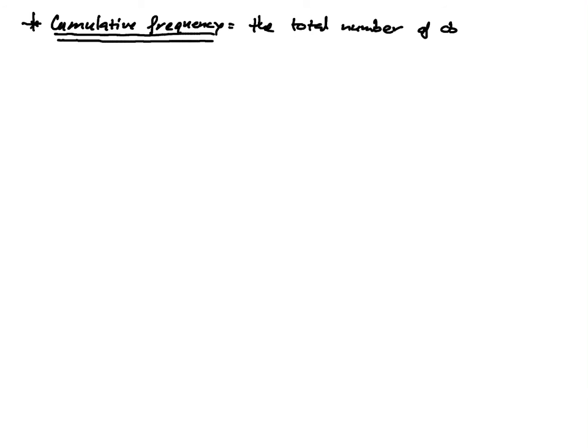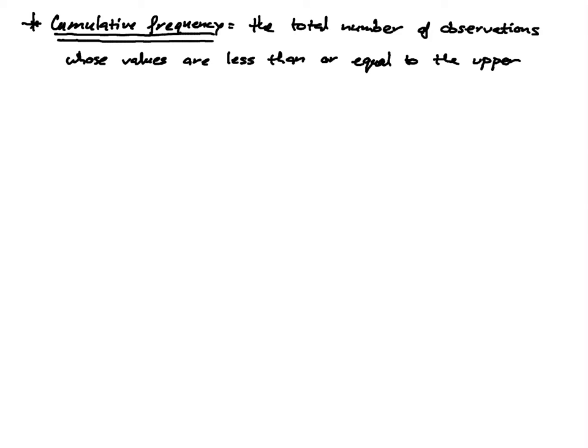So cumulative frequency is the total number of observations whose values are less than or equal to the upper limit of a bin.